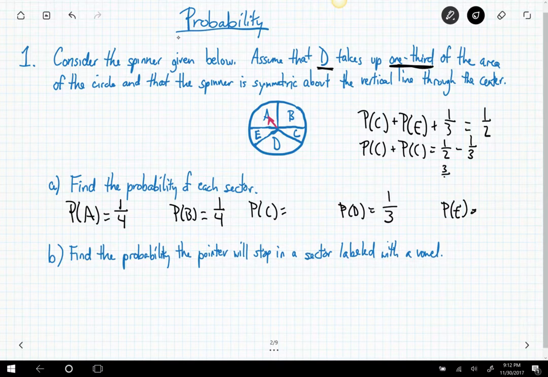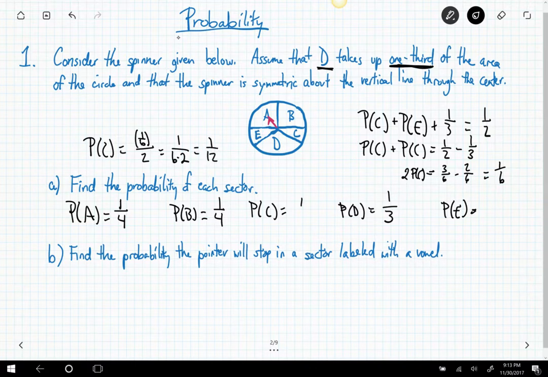That's 3/6 minus 2/6 equals 2 times the probability of C. And so that equals 1/6. So if we divide both sides by 2, we get probability of C equals 1/6 divided by 2, which is the same thing as 1/6 times 1/2, which gives us 1/12. Remember, probability of E is the same thing, so that must be 1/12.